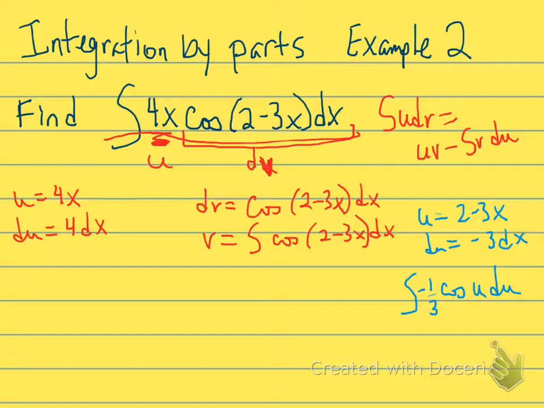So we integrate that, we're going to end up with negative 1/3. The integration of cosine is sine. It'll be u, but we're going to put the 2 minus 3x back in. So we'll go back over here. Now we can put in that v actually equals negative 1/3 sine of 2 minus 3x.